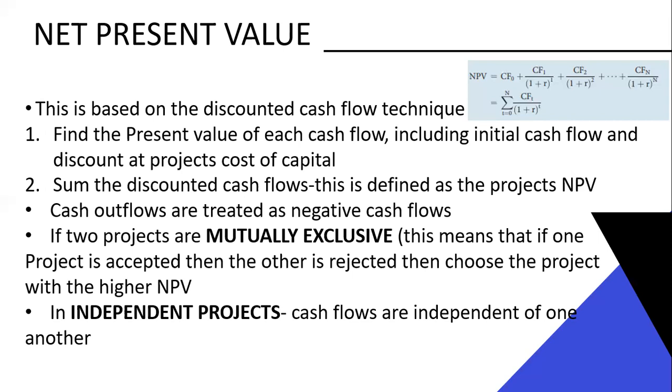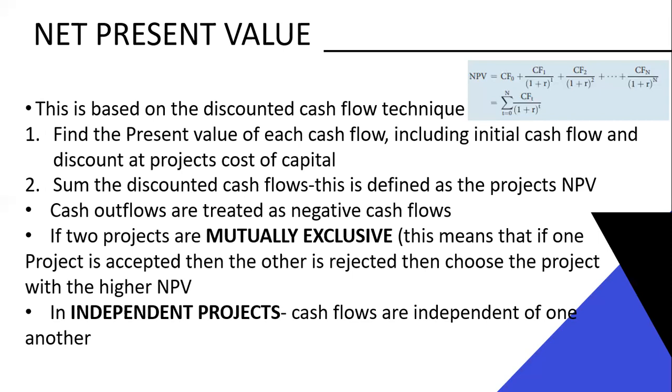If two projects are mutually exclusive, that means that if one project is taken, then the other project must be rejected. You can only choose one out of the two different projects, and you always want to choose the one with the higher NPV.